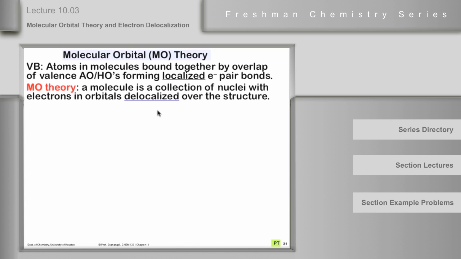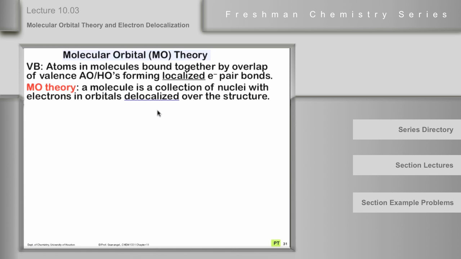Those orbitals have a shape, they have an energy, they can hold electrons just like atomic orbitals. They are in many respects just like atomic orbitals, but in one important respect, they're different. They are capable of looking at the whole molecule at once.